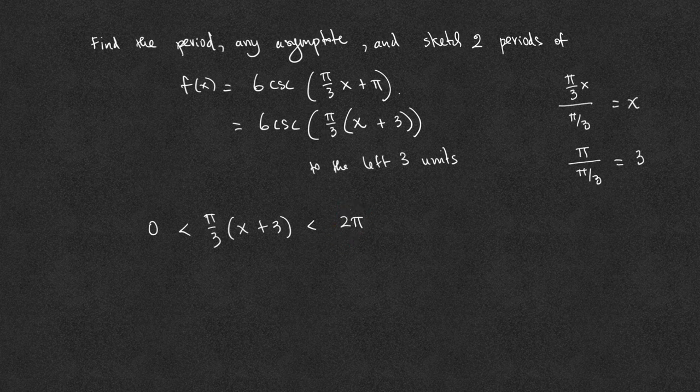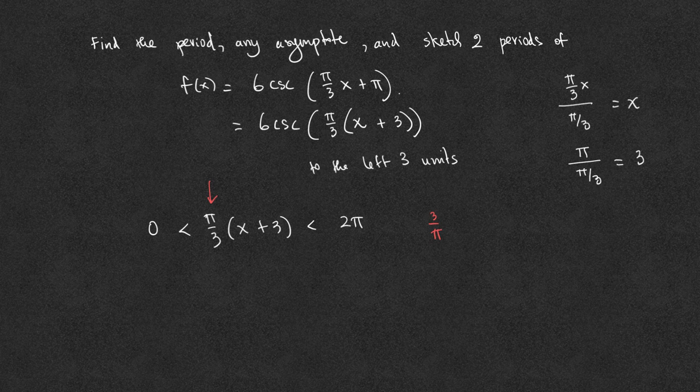Remember that there is another vertical asymptote in the middle, but we will find the endpoints first. To isolate x, we first multiply all parts by 3 over pi, which is the reciprocal of pi over 3.